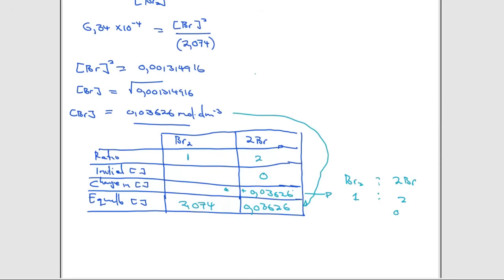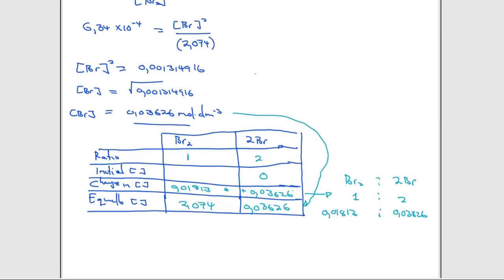So what are we going to do? We're supposed to divide this value by 2. If we divide it by 2, we're going to get a value of 0.01813. So I'm going to put that value here across, which is 0.01813.